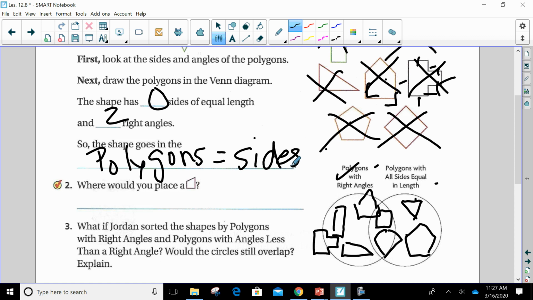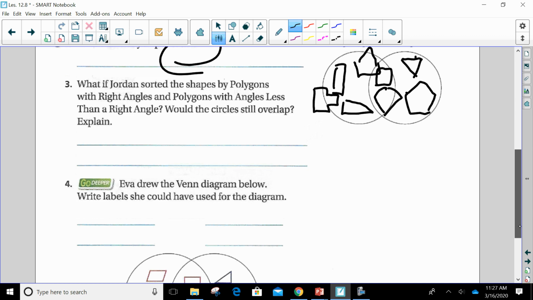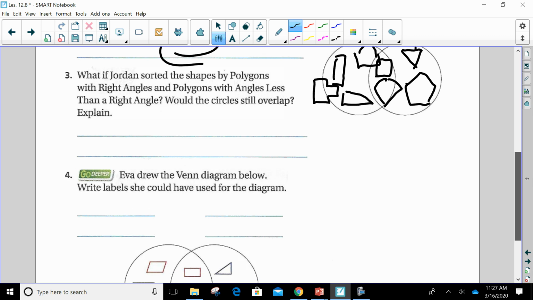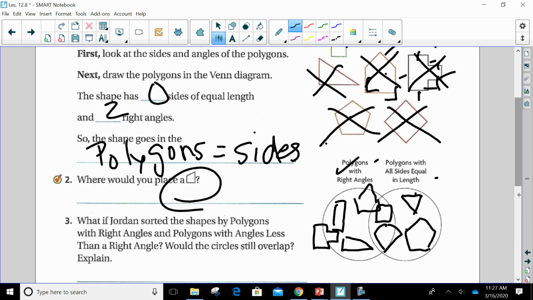Okay, and that's where I would place this trapezoid. Okay, I don't have room for it right now. My fingers are too fat and I couldn't get it in there. There we go. We're going to skip number 3 because I don't have room to do all of that right now. Okay, so let's go on.